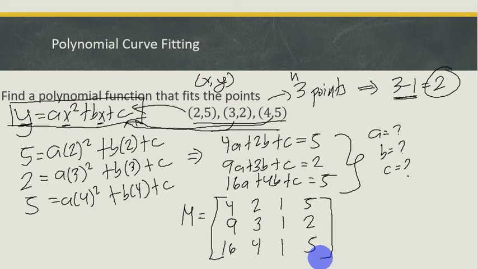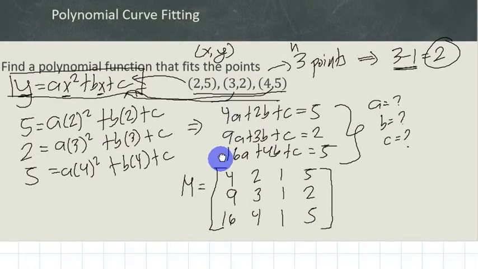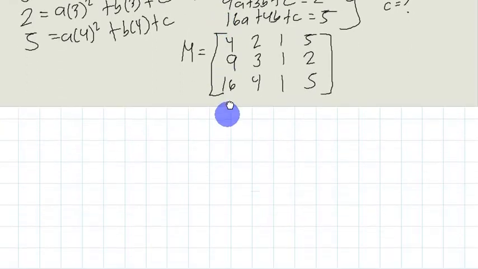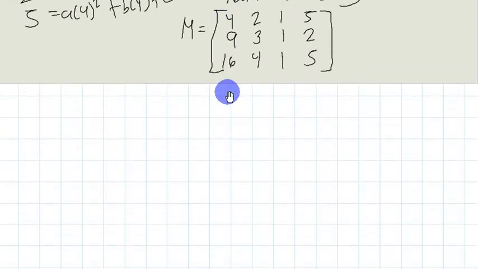Now we can apply either Gaussian elimination or Gauss-Jordan elimination to solve for this system. What I will be applying will be the Gauss-Jordan elimination, so we can already get the values of a, b, and c by getting its reduced row echelon form. Now, the actual process of the Gauss-Jordan elimination will be left to the viewer.